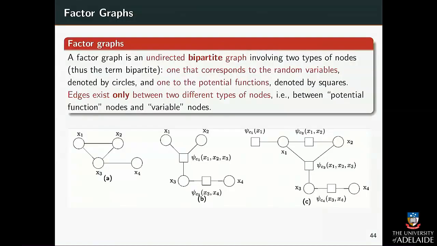So how do we do computations on the MRF? It seemed reasonable to do computation on the Bayesian network, because we had encoded all of those conditional dependencies. But for MRF, what we do is we expand the graph in a specific way.